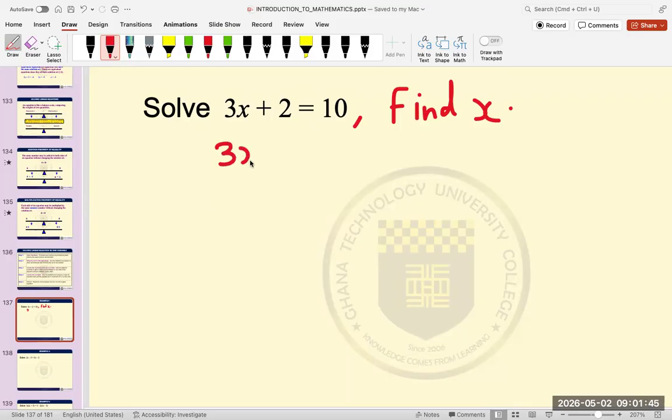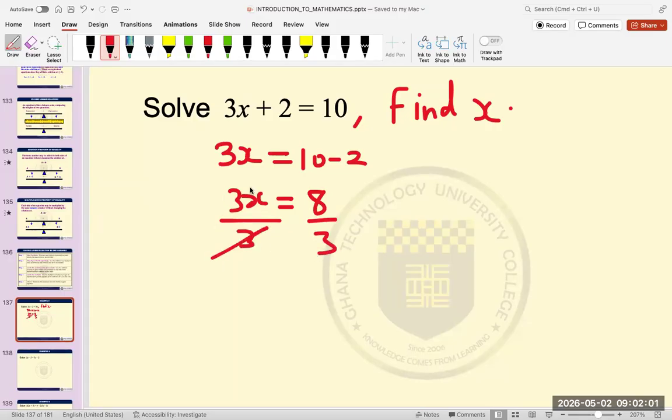And so you have 3x is equal to 10 minus 2. 3x is equal to 8. We want x to stand alone, so we divide every side by 3. This 3 cancels this 3. Therefore, x is equal to 8 over 3.